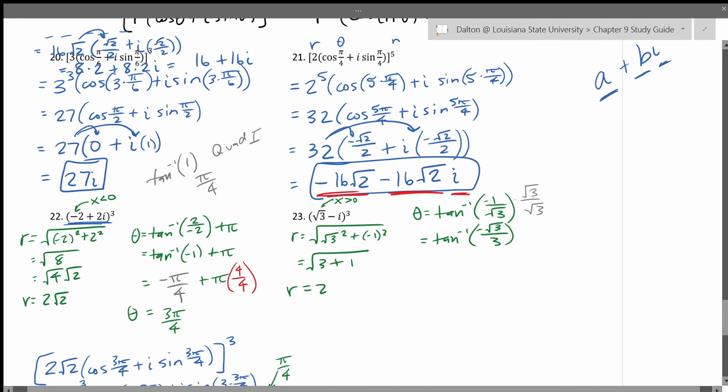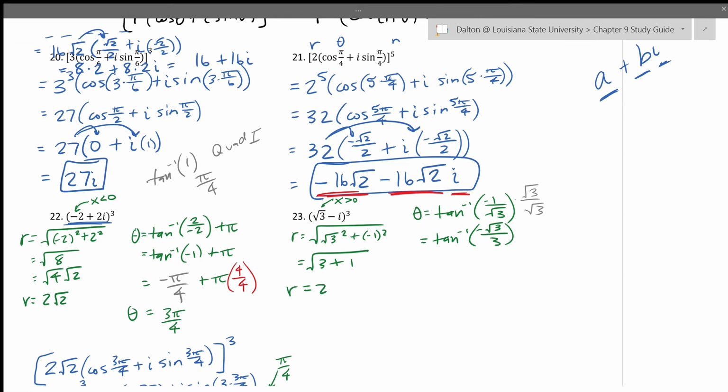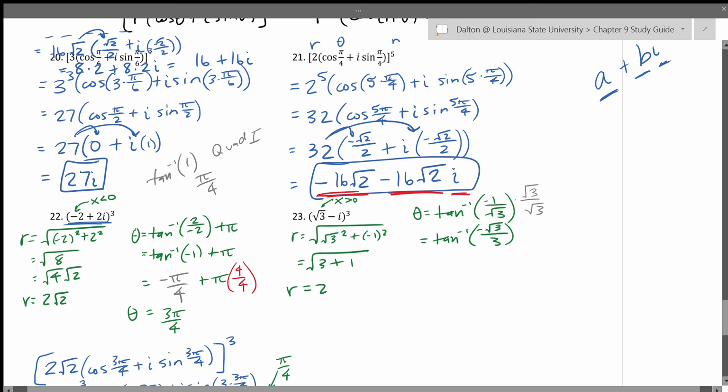And then again, if you look at your unit circle, you should have filled out all of the tangents. And so in the first quadrant, if you look for the tangent inverse of positive square root of 3 over 3, you end up with theta being equal to pi over 6.